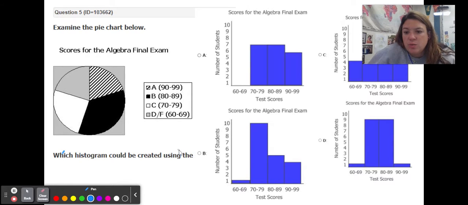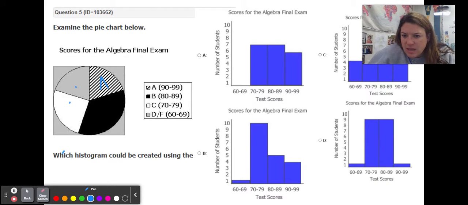Examine the pie chart. Which histogram could be used creating this data? So which of these histograms matches this pie graph? All right, so I'm going to look at this like the striped part is the 90 to 99, and that part looks almost the same as the DFs and the C's.